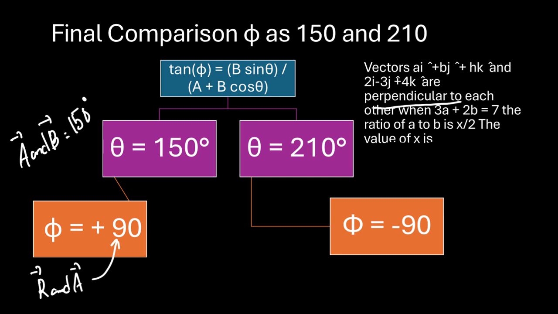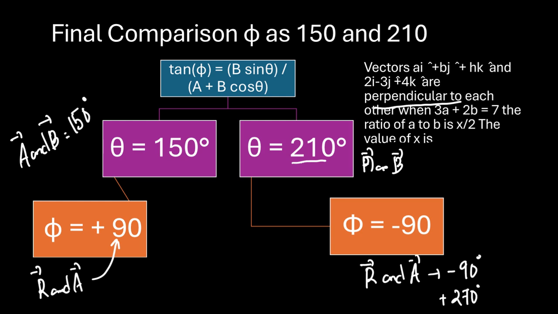Whereas when the angle between vector A and vector B was taken as 210 degrees, then the angle between vector R and vector A became minus 90 degrees or plus 270 degrees, which is against the given question.